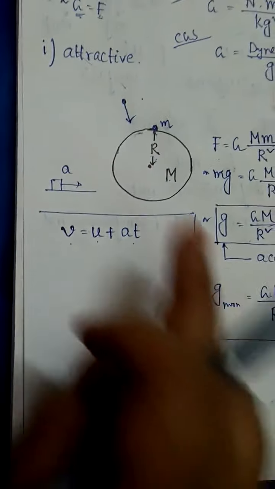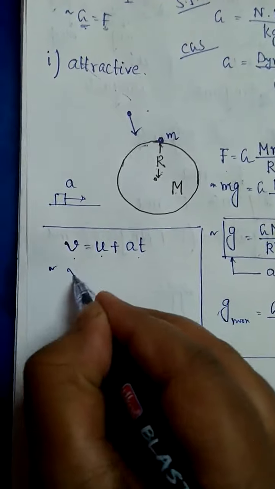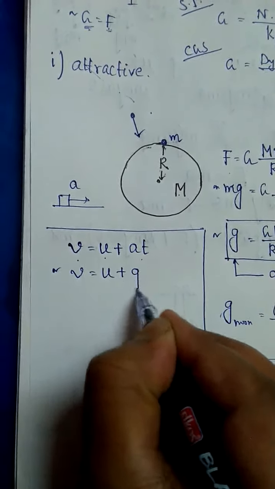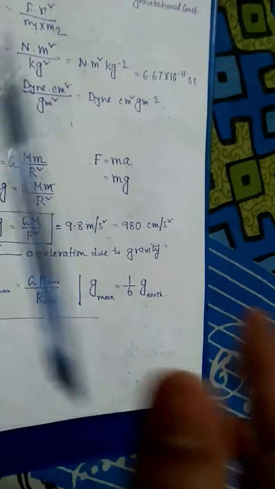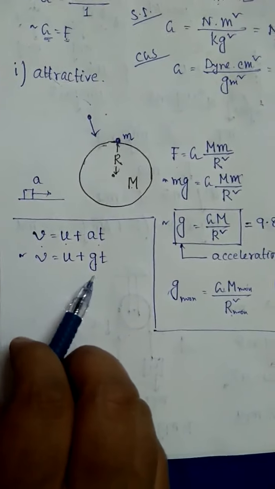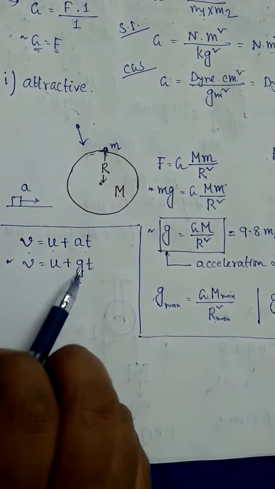But in case of a free falling body, we shall write v equal to u plus gt. So a body is free falling, that means it is falling with an acceleration g, acceleration due to gravity. So instead of a I shall write g.